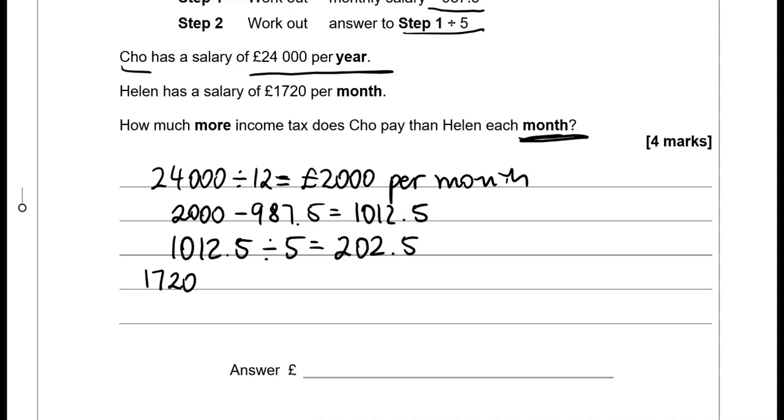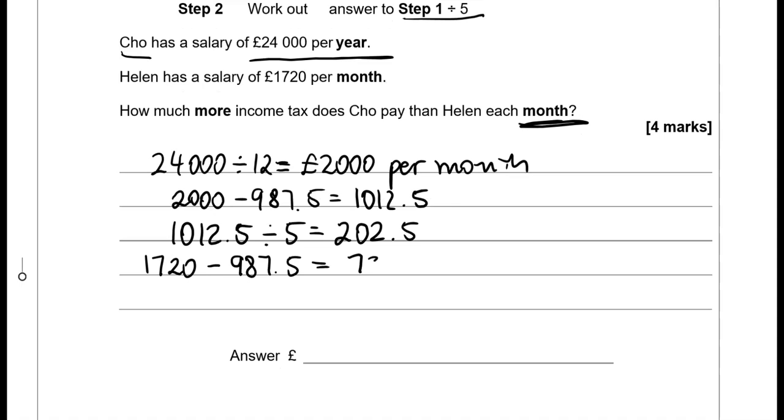So we're just going to go straight into step 1, which is taking away 987.5, and that gives us 732.5. Divide this by 5 now. Gives us 146.5.